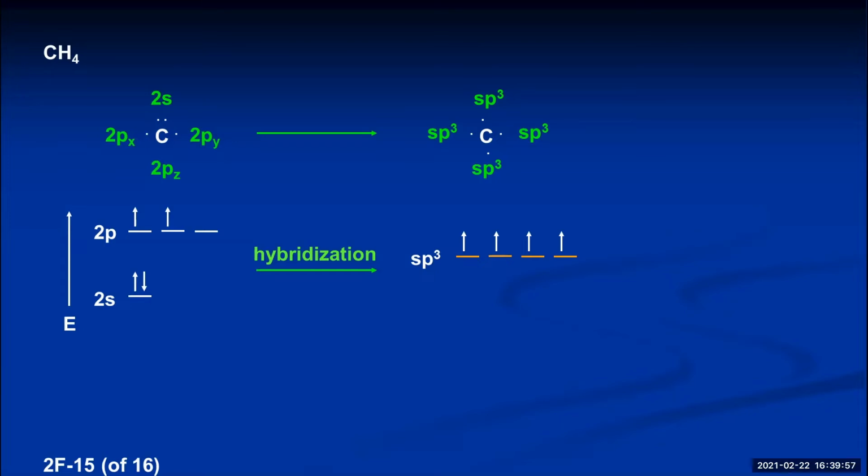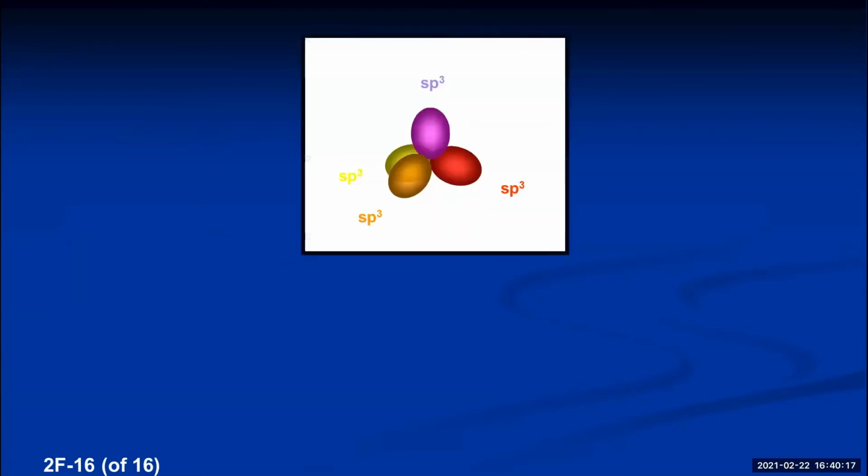And if the carbon undergoes sp3 hybridization, we now know exactly where those 4 orbitals are pointing spatially, because you now know the geometry of sp3 orbitals, just like you should have known the geometry of 2p orbitals last test. One's on the x-axis, one's on the y-axis, one's on the z-axis. Well, sp3 orbitals point to the 4 corners of a tetrahedron.